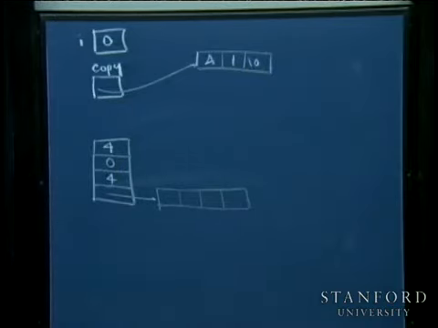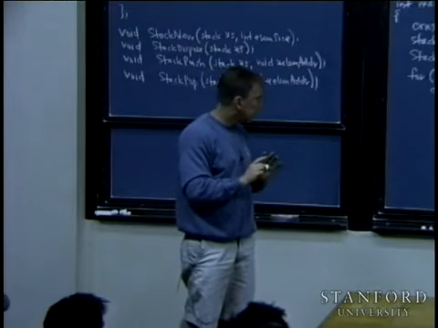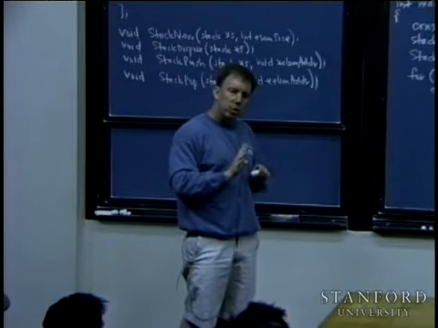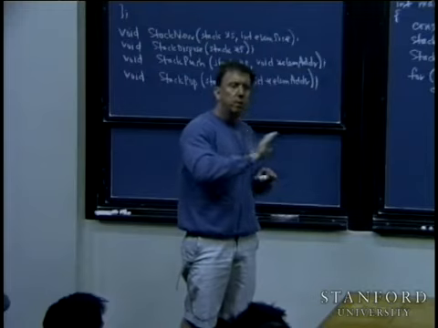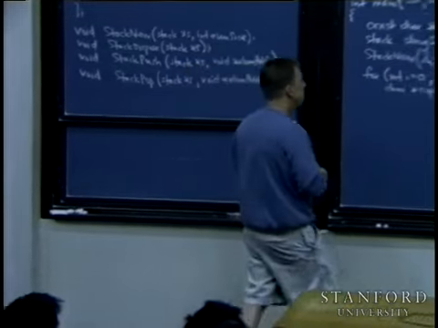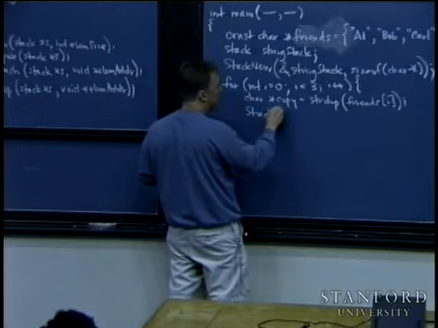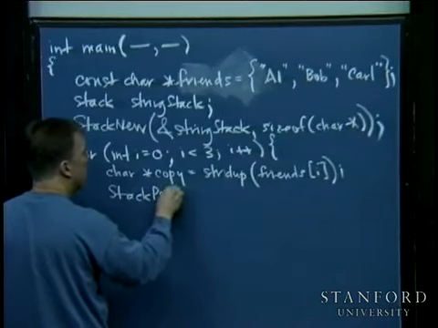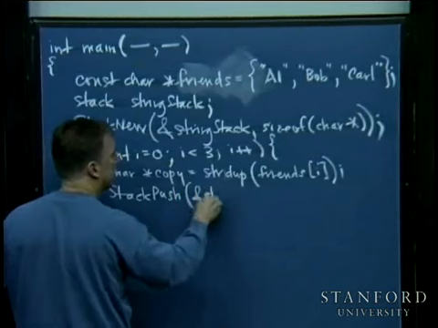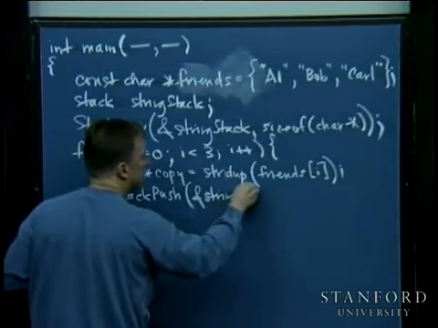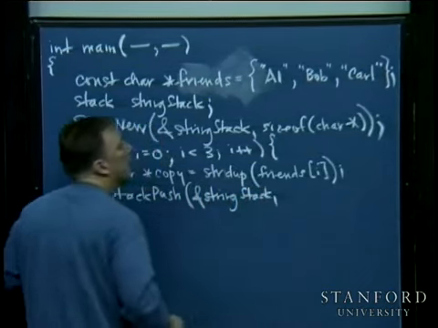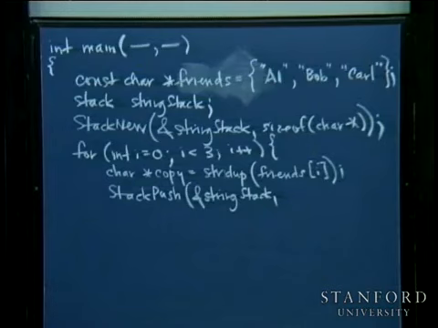What I want to do, and I think this is the best way to phrase it, is that when you push an element onto the stack, you transfer ownership from you to the stack. And the way you do that is stack push, which stack, the string stack that I've just initialized. There's some drama and controversy over what the next argument should be.